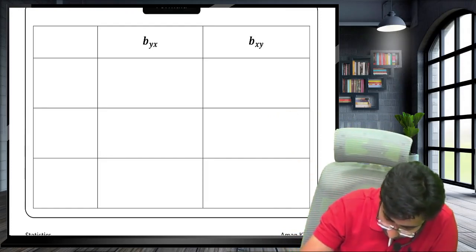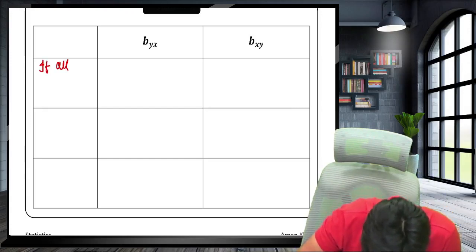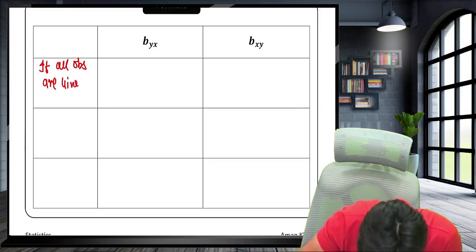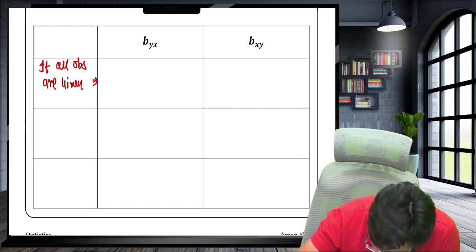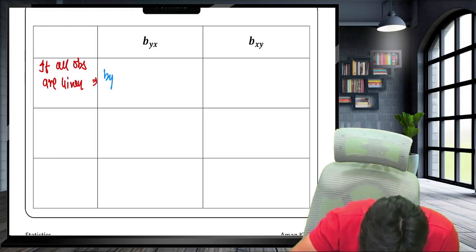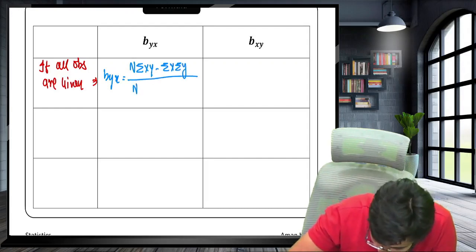Okay, now write down the formula with me. Write down over here: if all observations are given, then apply this formula. b y on x is equal to n summation xy minus summation x into summation y, upon n summation x square minus summation x whole square.